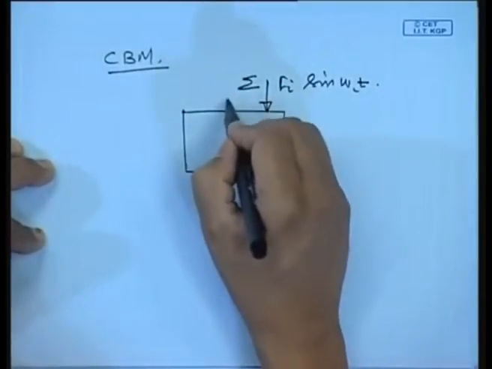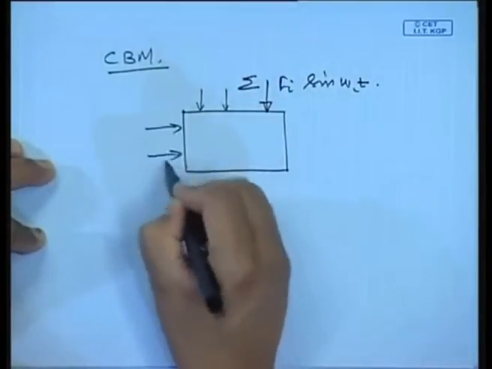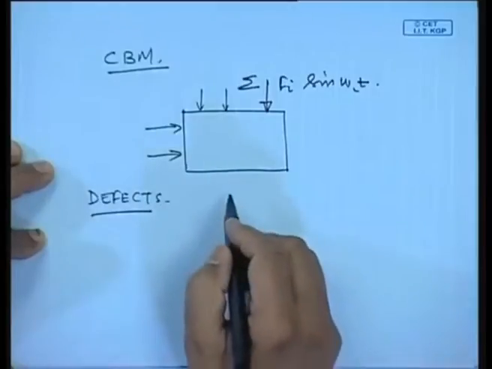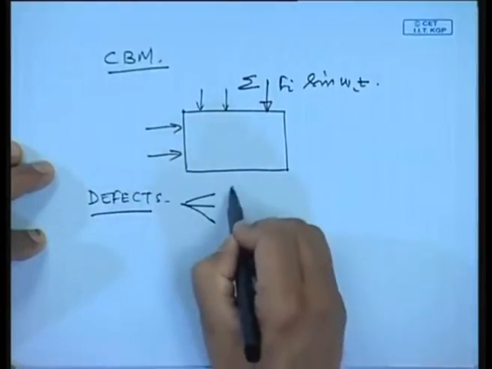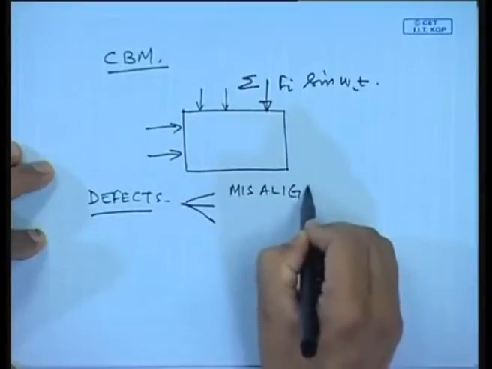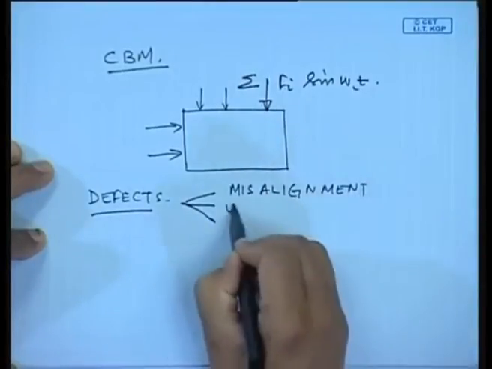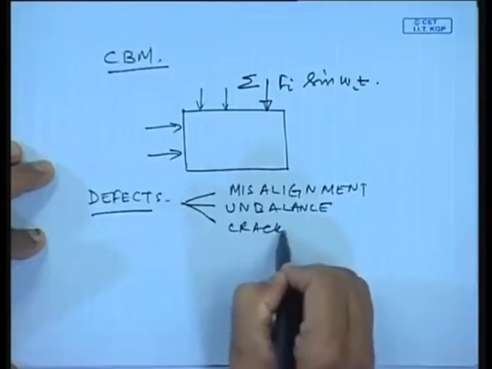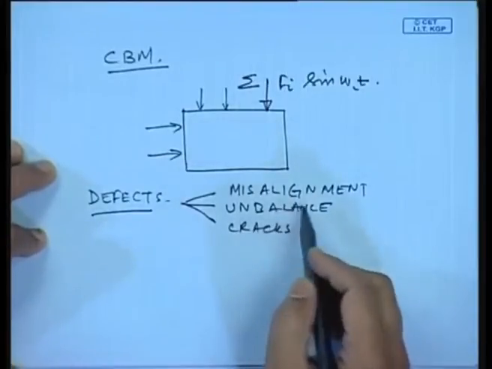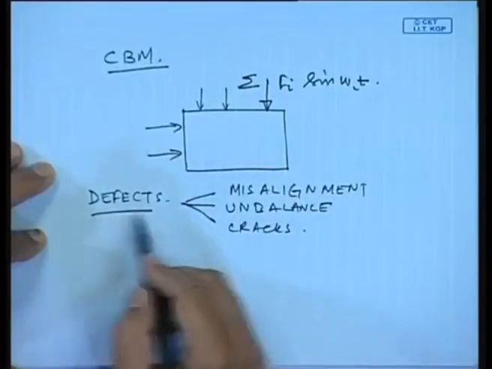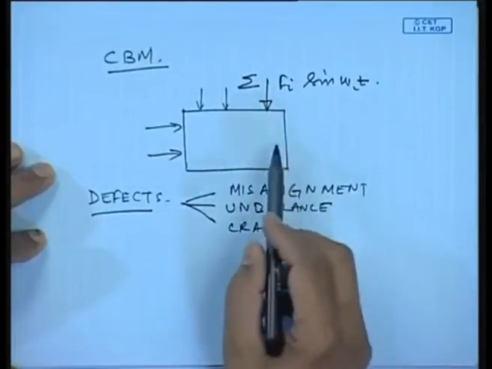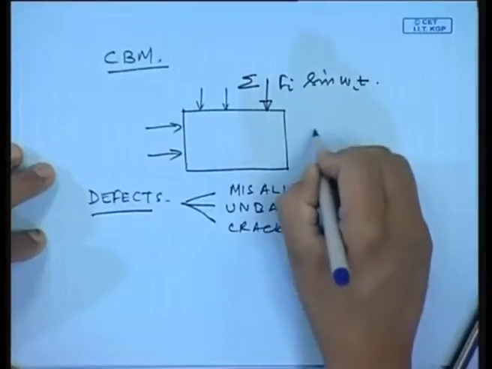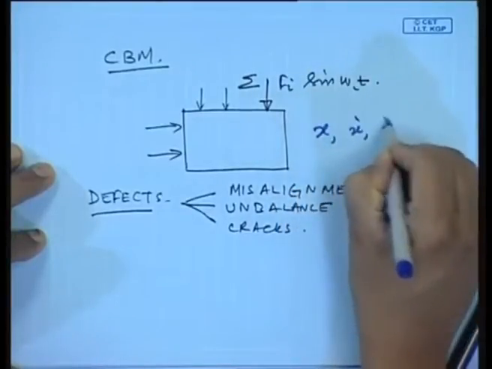There could be many such forces, which could be because of defects in the form of misalignment in the system, unbalance, cracks, etc. You will see later on that these defects which happen in a machinery give rise to certain forces, and these forces are actually responsible for generating the response in the form of x, x dot or x double dot.